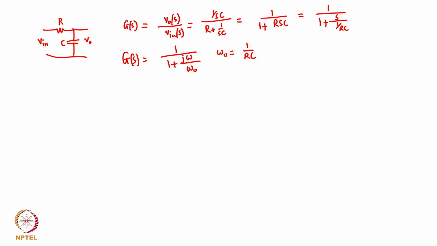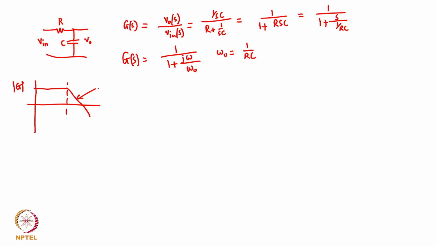Therefore, with this there is a single pole, and we can always draw the Bode plot. If you can see here the mod G, how will it look like? This mod G will look like a gain and then a minus 20 dB. This is the asymptotic Bode plot.